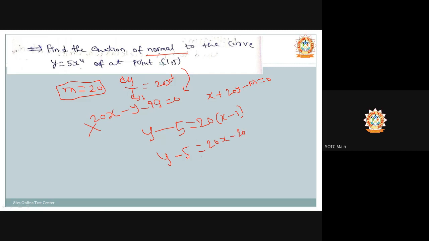So it will become 20x minus y minus 15 is equal to 0. This is the equation of your tangent. Now if you substitute x as 1, it will become 20 minus 5 minus 15 is equal to 0. Is it satisfying or not? Yes, sir. So you can also check whether it is satisfying or not, right?